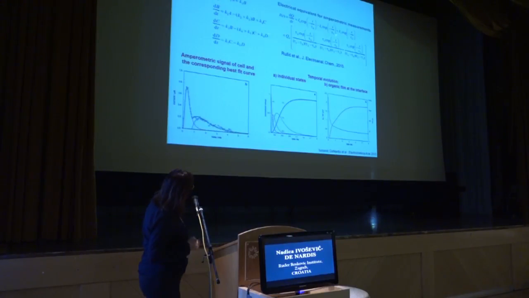So when we know these individual time constants, we are able to go back to our analytical solution for each individual state and follow what happens with the change of each state in time. At the beginning of our signal, only the intact state is present, all other states are 0. At half of the current amplitude, the predominant state is state B, while the state D of the film is present at just 3%.